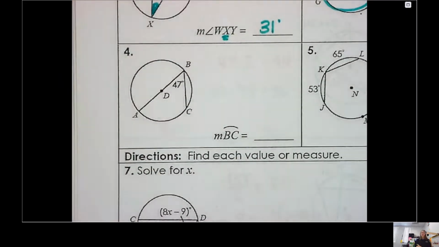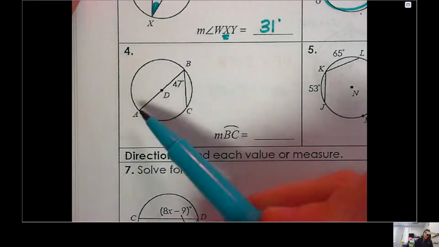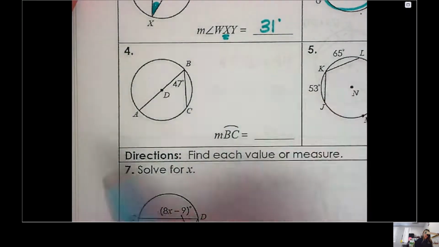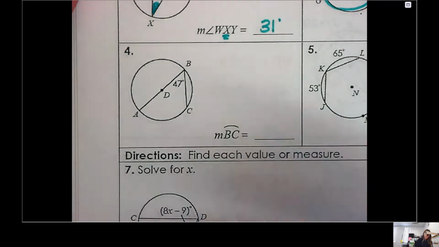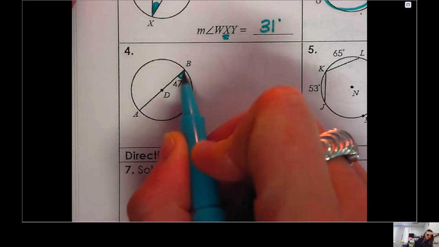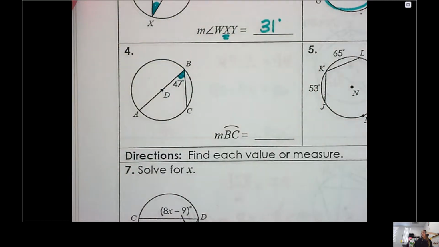Okay. Number 4, what should I do? This is a diameter, yeah, but I'm looking for a different piece. Now, I'm telling you that this is 47. Okay, so what can you figure out?